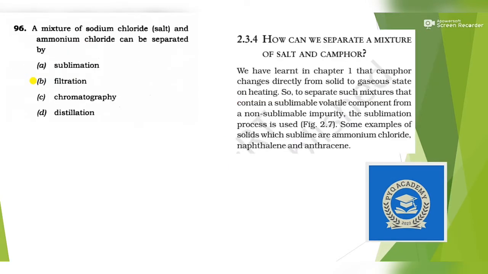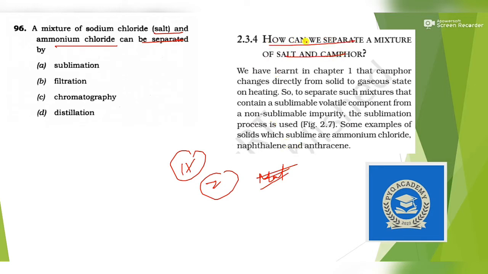Next question: a mixture of sodium chloride, NaCl, salt, and ammonium chloride can be separated by. You can see in class 9, chapter 2, Is Matter Around Us Pure, there is one paragraph on how we can separate a mixture of salt and camphor. The main logic is that the one which can sublimate can be separated by heating.